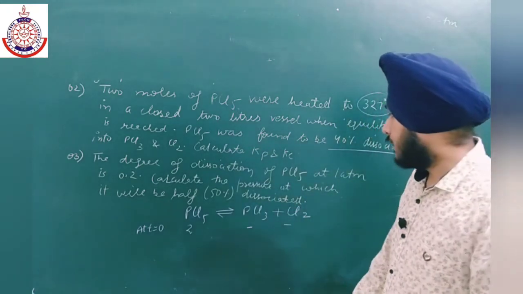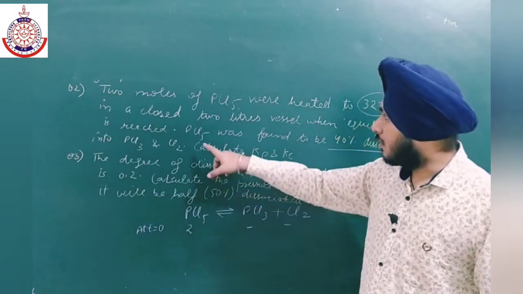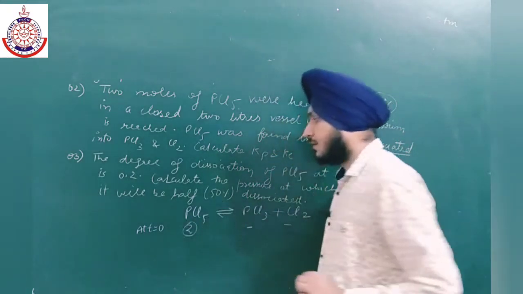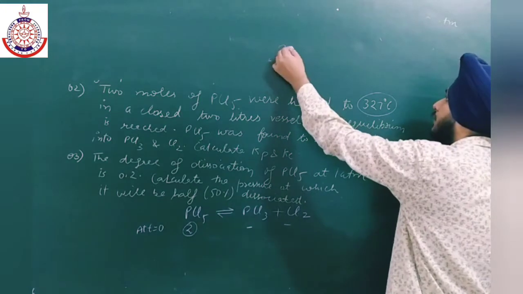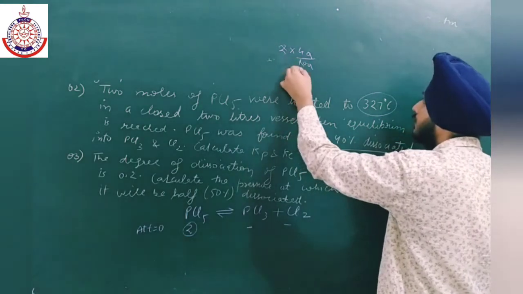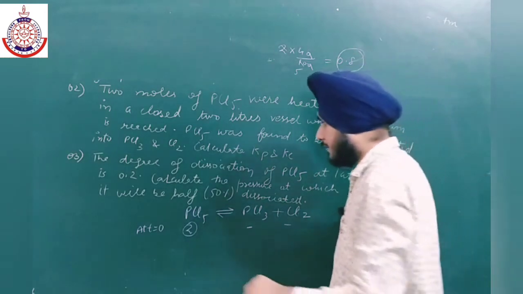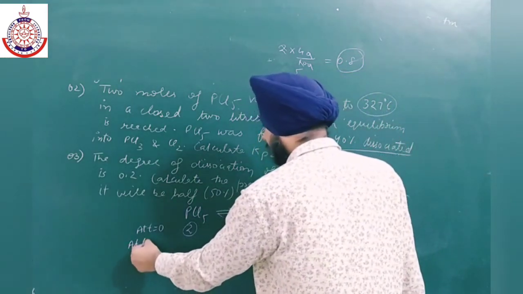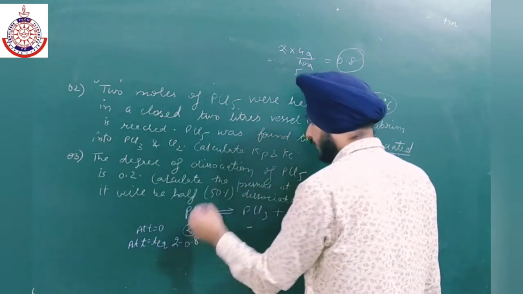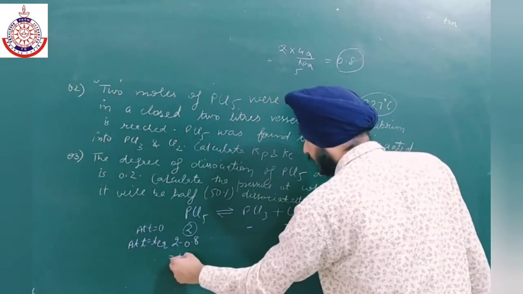The ratio is 1:1:1. 40% is dissociated, so firstly we have to calculate 40% of 2, which is 2 into 40 divided by 100, that is 0.8. So 40% is dissociated, which means at equilibrium it is 2 minus 0.8, and we are left with only 1.2 moles.